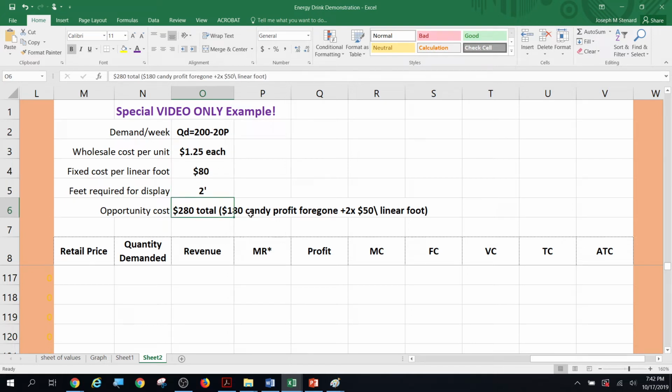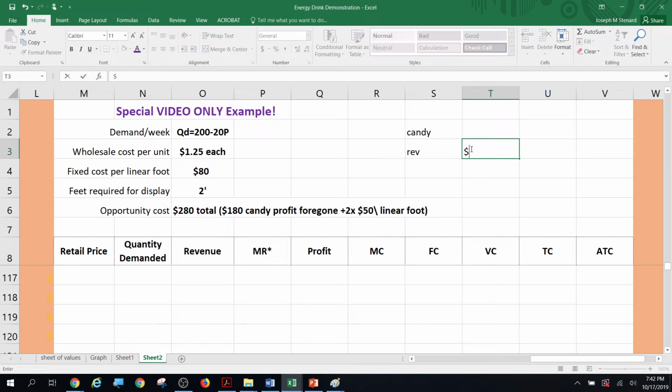That is to say, it's 180 candy profits foregone because we analyzed how we did that, and we're also going to have $50 per linear foot. Let's say, for instance, that for candy, weekly revenues are $500, and let's also say that the weekly cost for candy is $410.